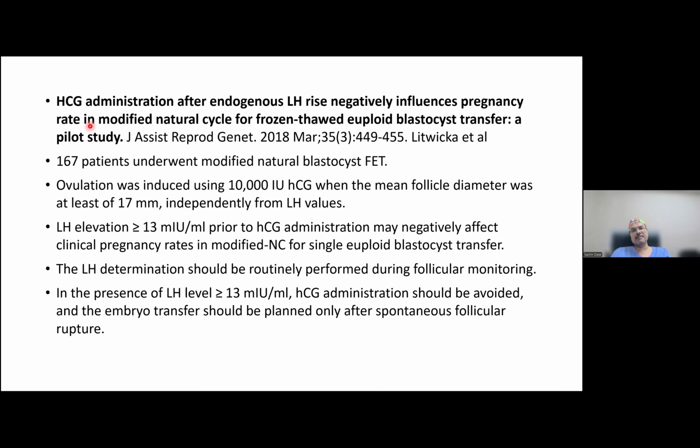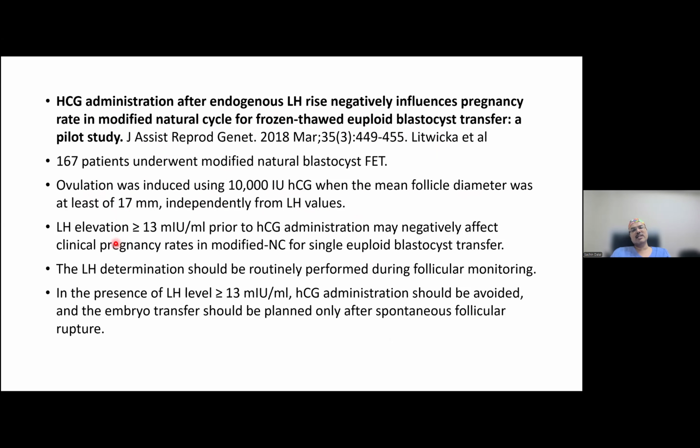Now, this was another paper where they spoke about HCG administration after the endogenous LH rise, whether to be given or not to be given. And this was a very interesting paper. Their ovulation was induced with HCG 10,000 when the mean follicle diameter was at least 17 millimeters, independent from LH values.